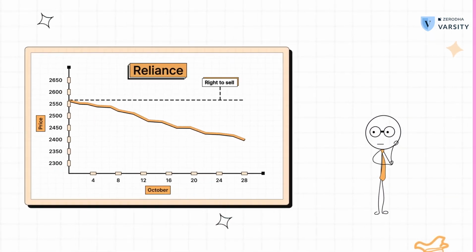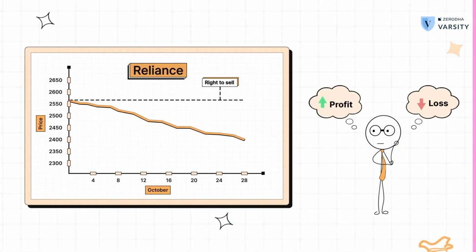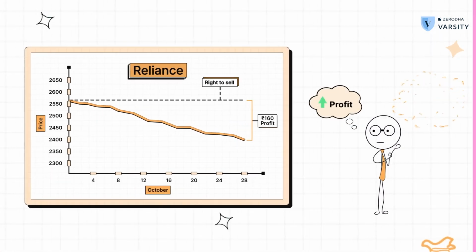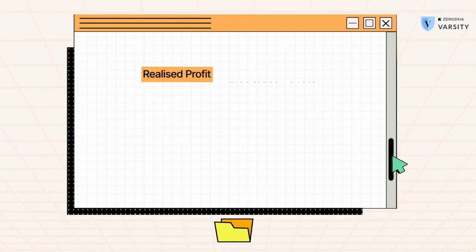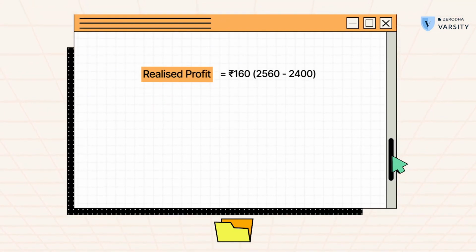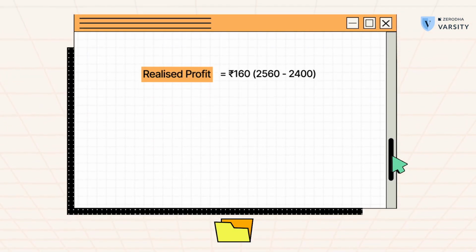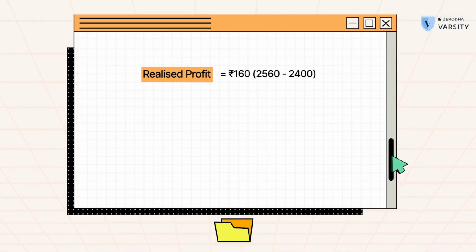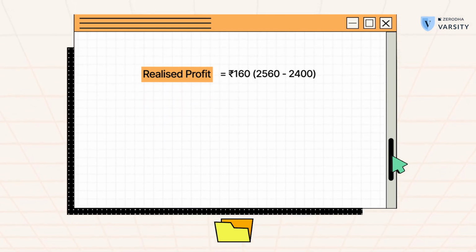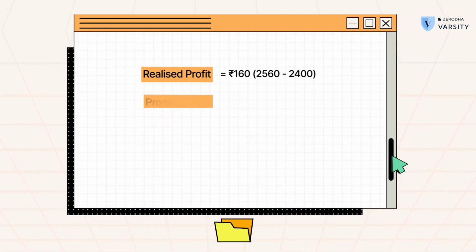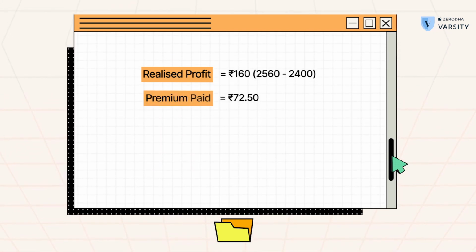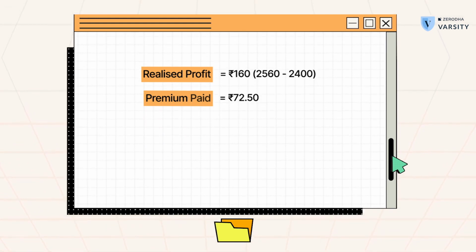What do you think is my profit or loss situation here? Of course, I'll make a profit here. Now, how much profit do I make here? You can identify the profit by simply subtracting the current price of Reliance, which is 2,400, from the strike price, that is 2,560. So that's roughly about 160 rupees. Of course, I've also paid a premium of 72 rupees 50 paisa here.